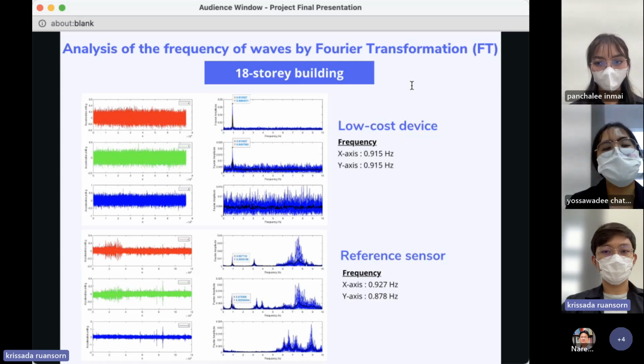And the natural frequency of the 18-story building from the low-cost device is equal to 0.915 Hz in both X and Y axis, which is close to 0.927 Hz in X axis and 0.878 Hz in Y axis from the reference sensor.